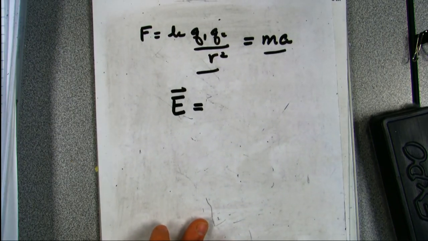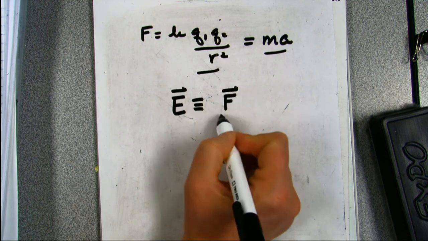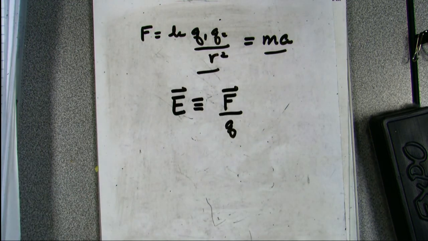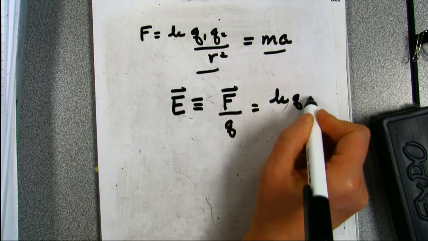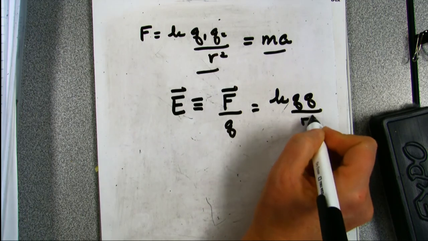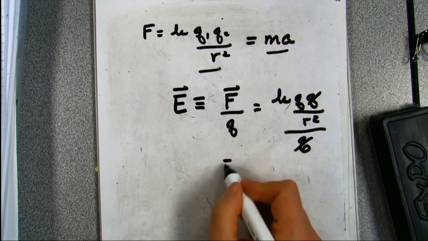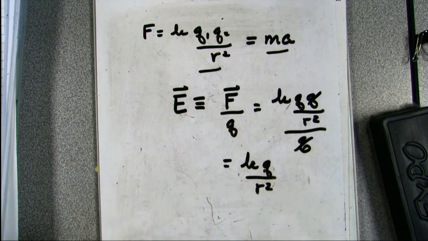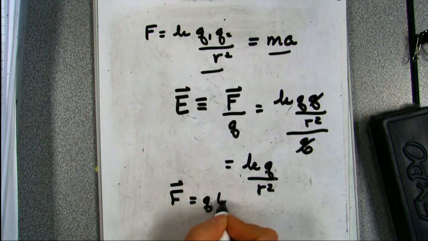The electric field is defined as the force divided by the charge, which means that the electric field is going to be kQ over R squared divided by q. This q cancels. My electric field becomes kQ over R squared. Or I'm going to be able to write the force as q times E.